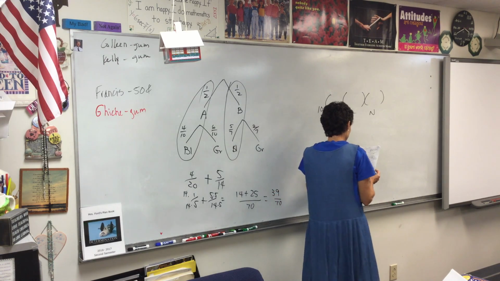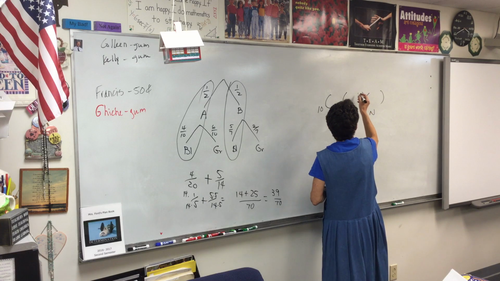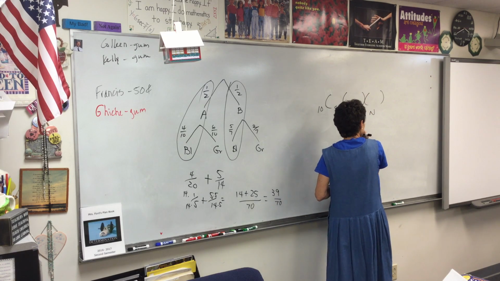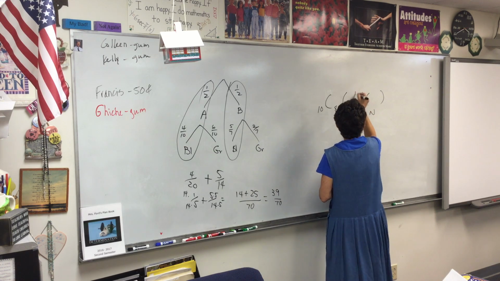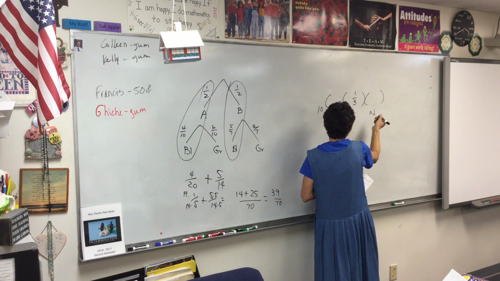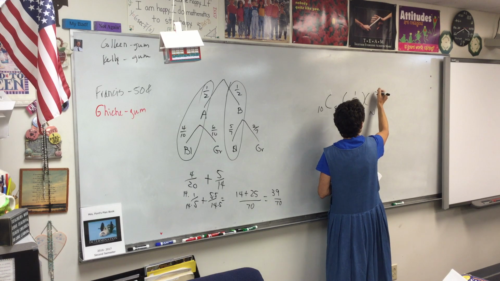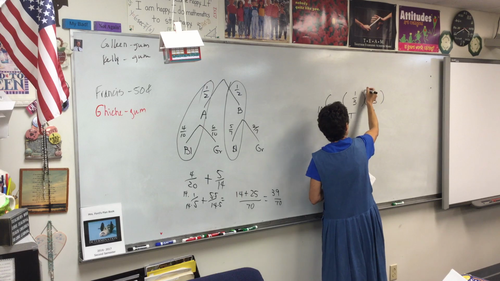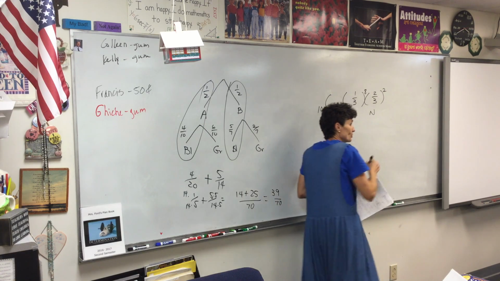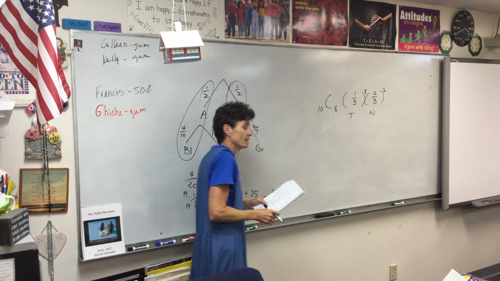What's the probability he'll be tardy? No. Look at the problem, it tells you. What's the probability he's tardy? 1 out of 3. Then what's the probability he's not tardy? 2 out of 3. How many tardies do we want? 8, and that means there are 2 days not tardy.